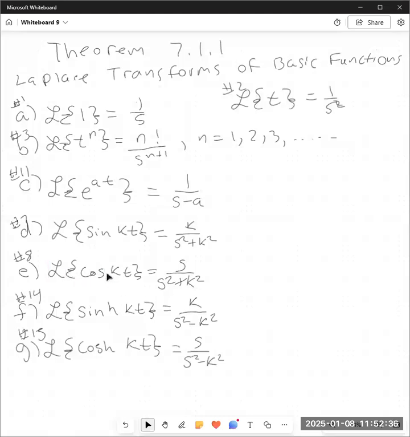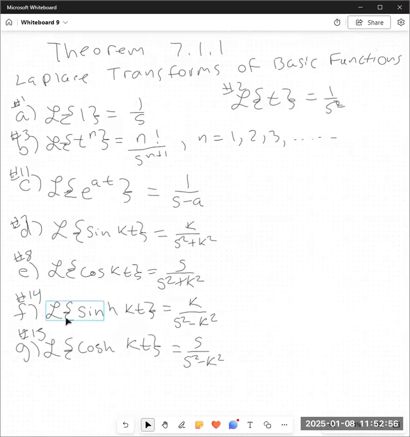Notice that you have a constant k, which is the constant multiplier in front of t. The Laplace transform of cosine kt is going to have the same s squared plus k squared in the denominator, but now you're going to have an s in the numerator. So watch out for those. Sine has a constant in the numerator, cosine has the variable s in the numerator.